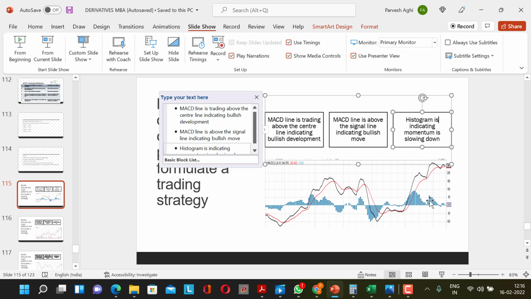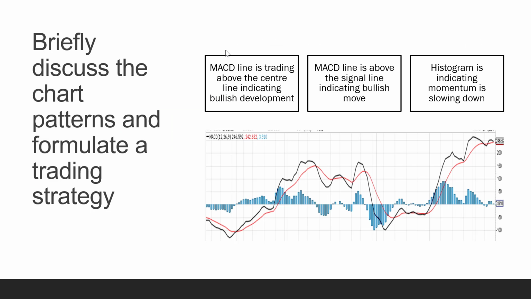But thereafter, the momentum has lost a bit. So this is basically a kind of a downer here. But these two are telling you that the stock Maruti is basically in an upward move. So histogram is only a downer, whereas two indicators are telling you that it is in bullish mode.